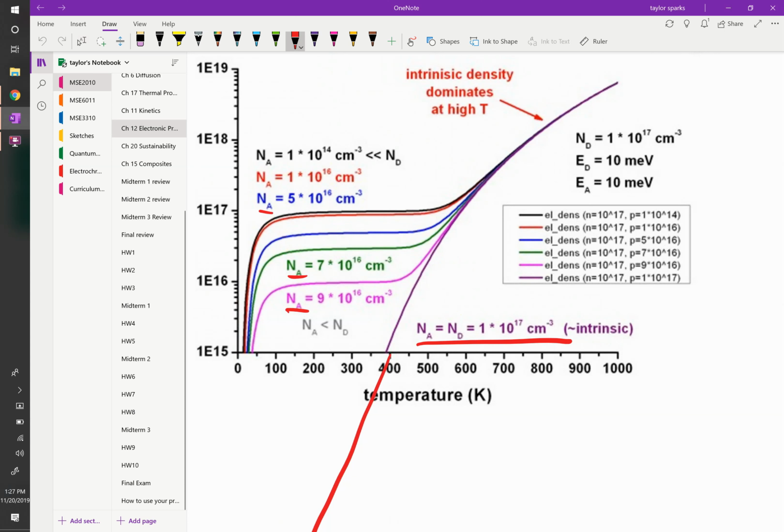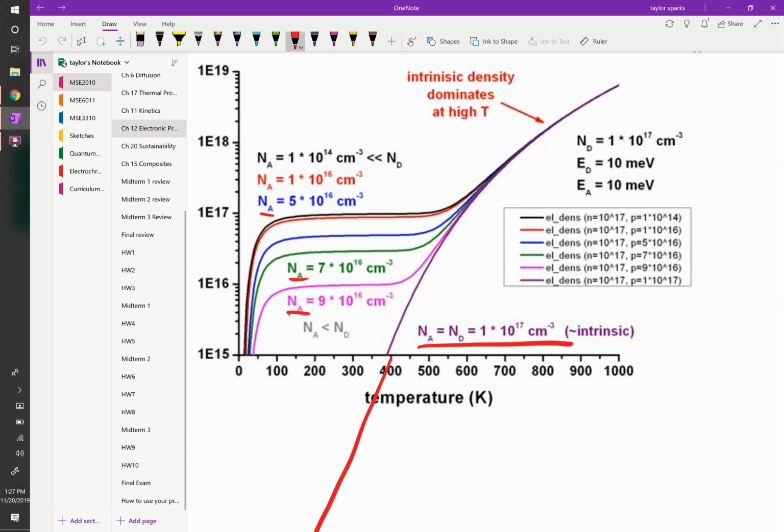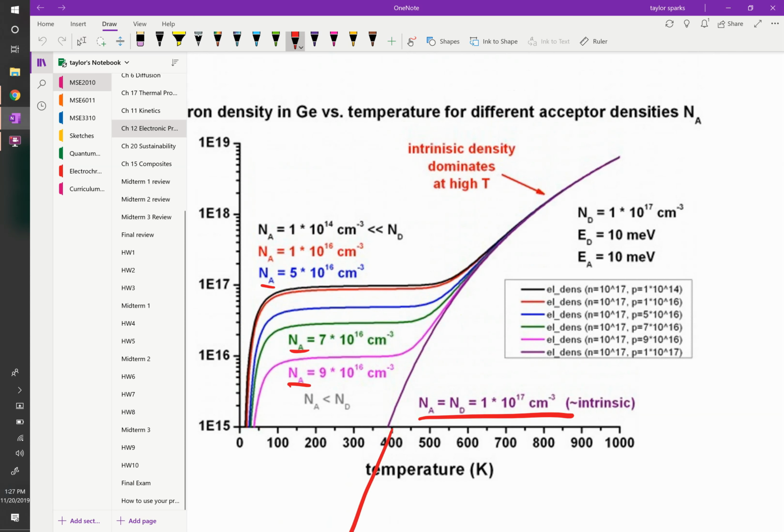That accepts an electron, right? It makes it p-type. As you change the amount of boron from a number well below 10 to the 17th to even fewer acceptors, then your number of acceptors becomes much, much less than the number of your donors intrinsically. So it becomes an extrinsic material. You've doped it N-type in this case. Okay? Other questions I can answer?